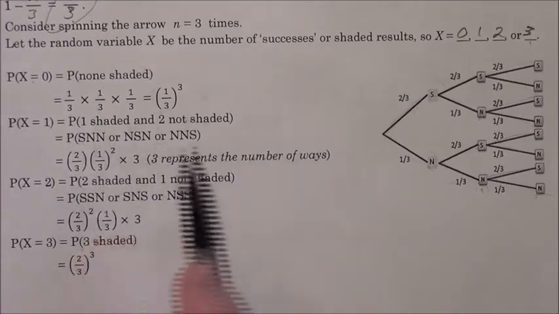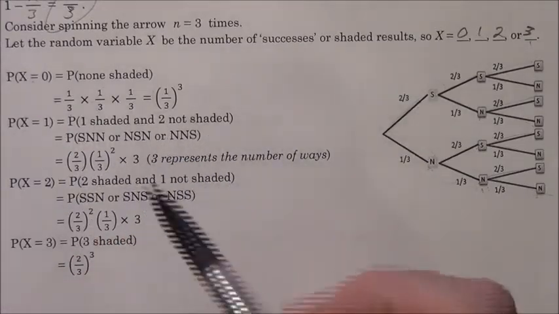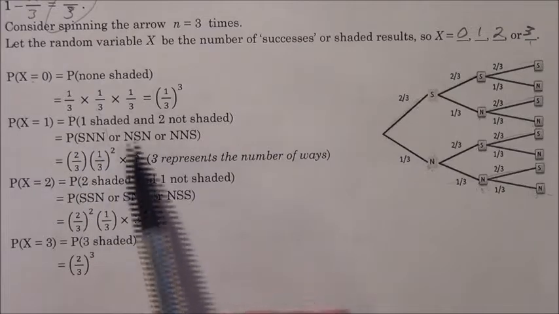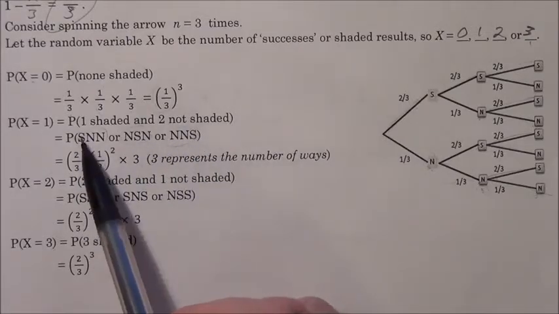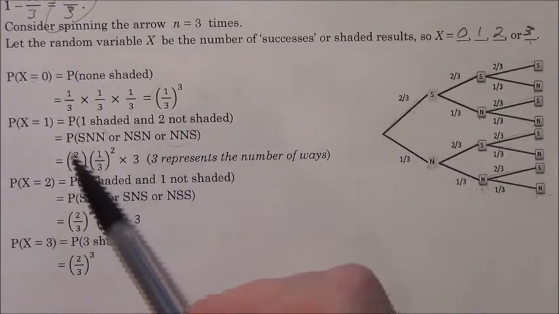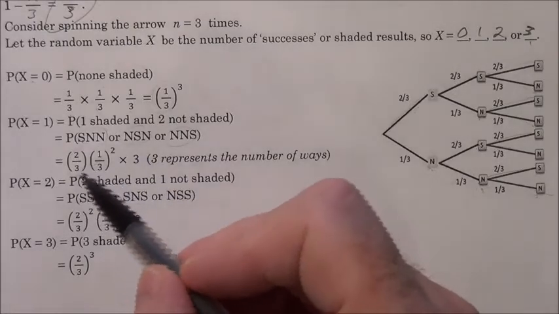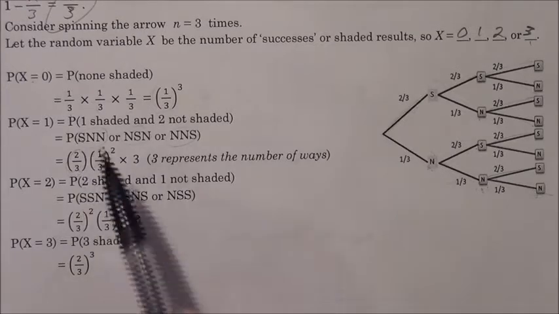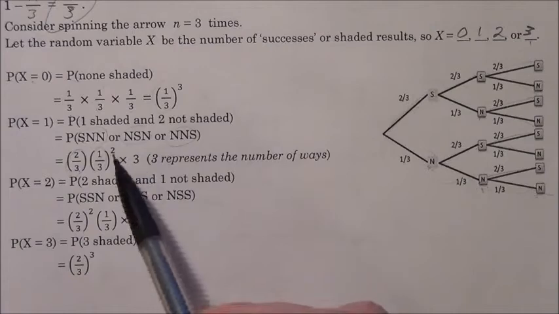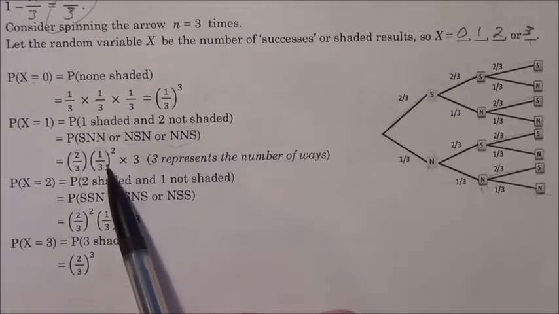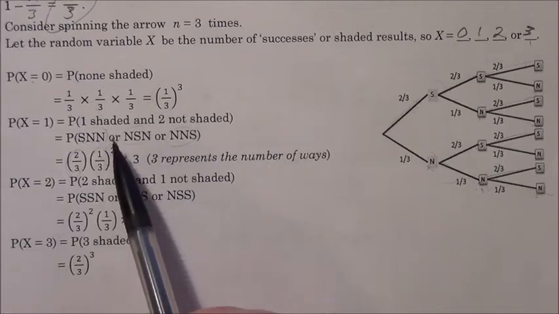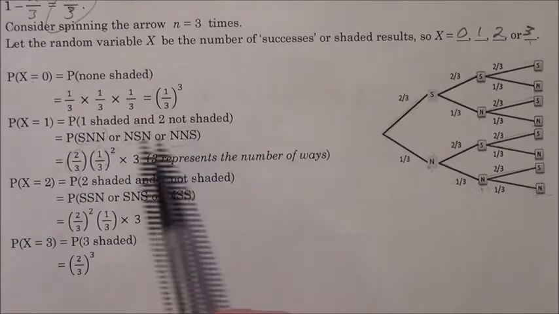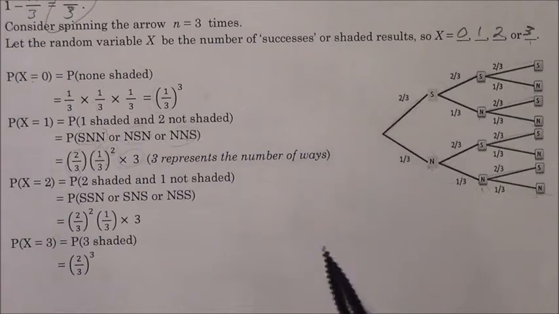So when we take all those into consideration, in each one of those, we've only got the success 1 time, and so there is 2/3 probability that it'll land on a shaded region, and 1/3 probability that it'll land on a non-shaded section, but that could happen twice, so that's why we square that. And there's 1, 2, 3 ways that this could happen, so then we multiply that by 3.